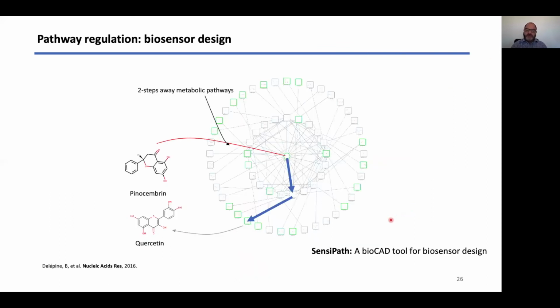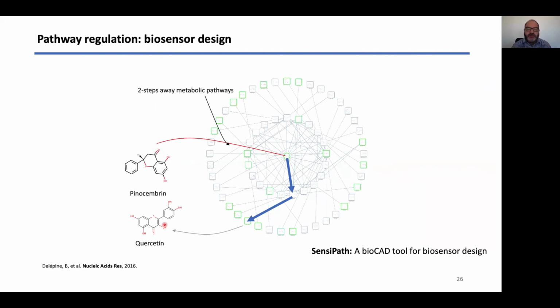We did the same for designing biosensors, which, in our case, well, I'm not going to explain in detail, but basically what we look for is molecules that can be detected. For instance, quercetin is a molecule for which there are transcription factors, like small proteins, that can bind to quercetin, and in some way they interact, and this can be used in order to regulate the transcription of a gene.